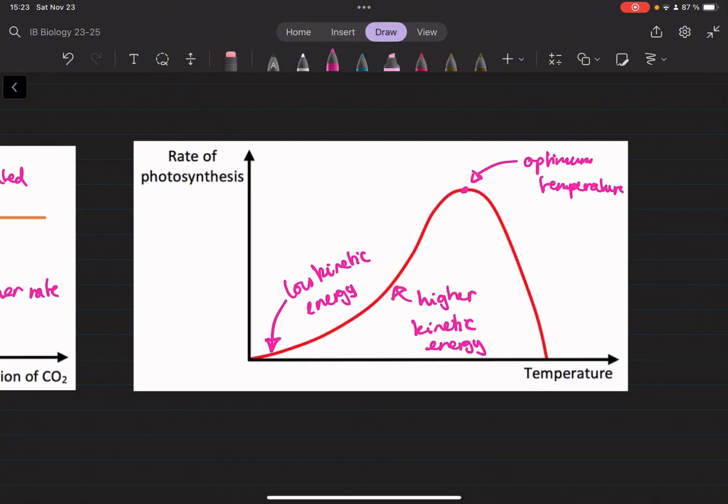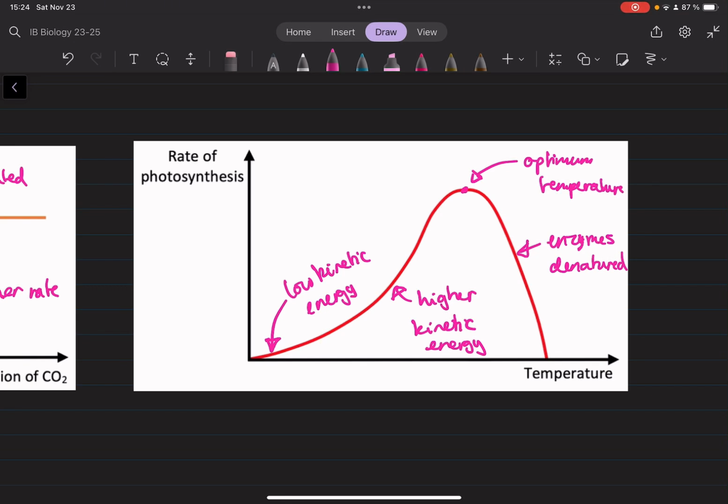If you increase it too much past the optimum temperature, you will have this very steep drop. And that is because the enzymes will become denatured. So enzymes will have very specific temperatures that will need to be kept for their shape to be kept.